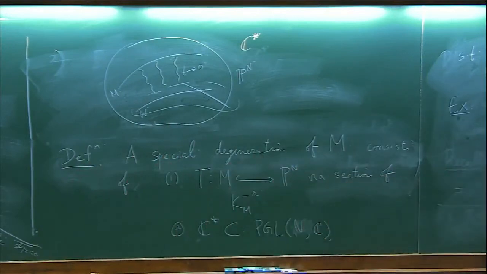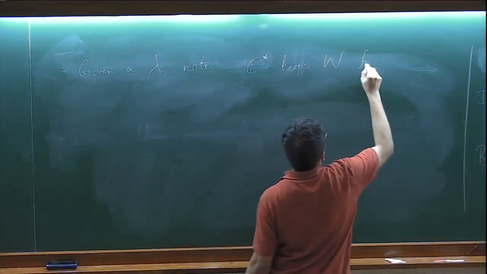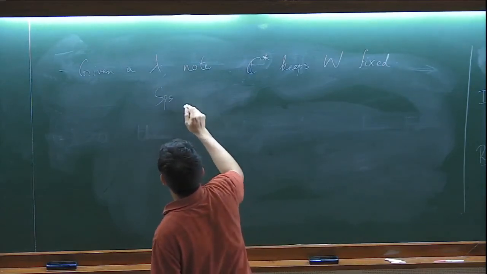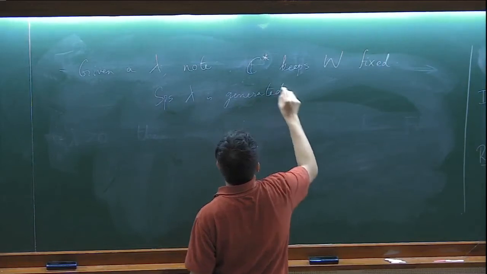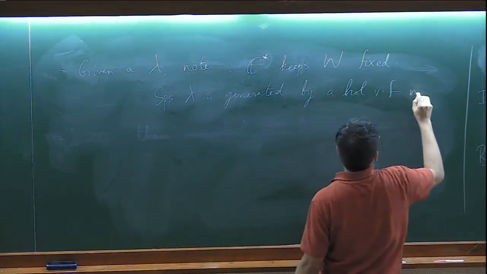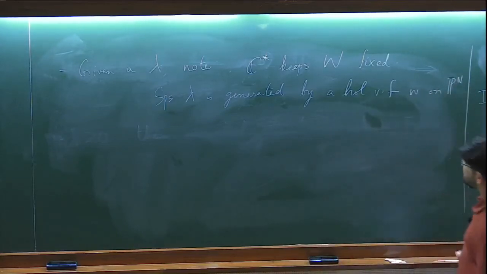So before I define what that number is, note that C star keeps W fixed. So suppose lambda is generated by a holomorphic vector field, little w on Pn, right?